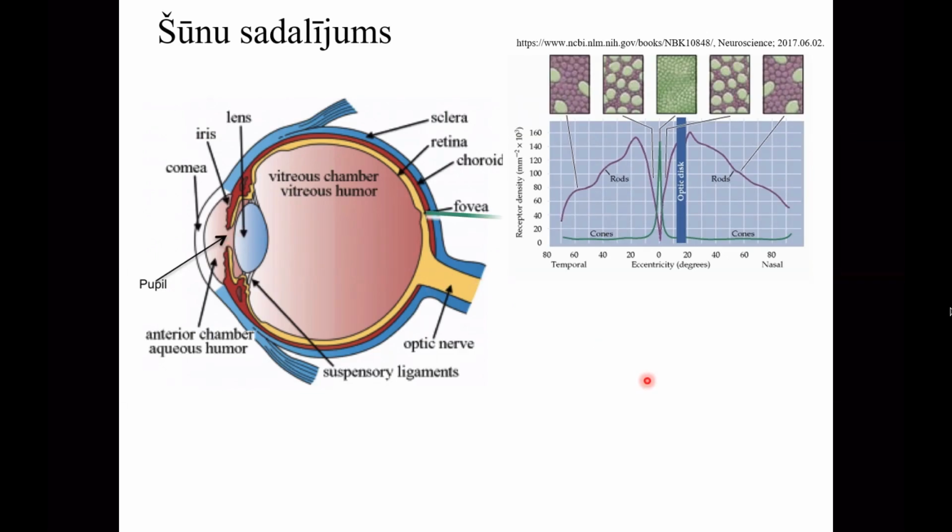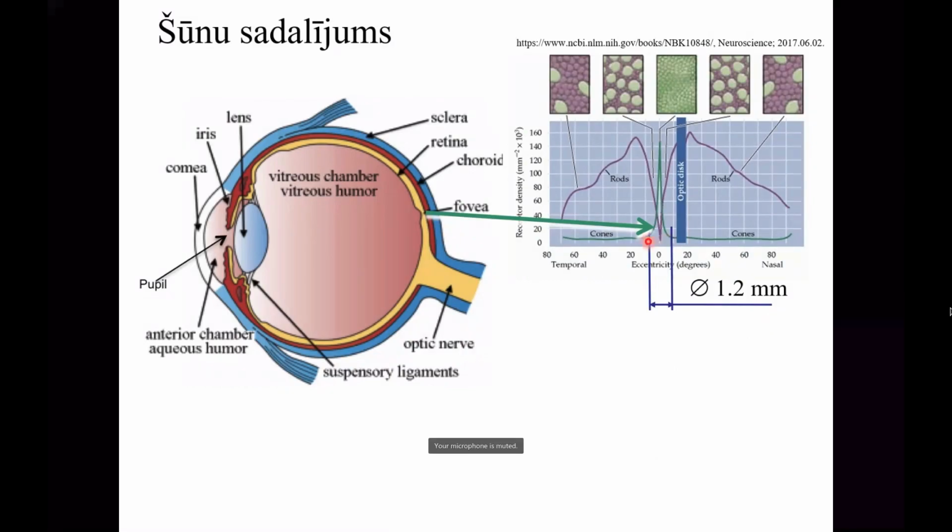So, for instance, for the cones, this area where the majority of the cone cells are located is approximately 1 to 2 millimeter in diameter.